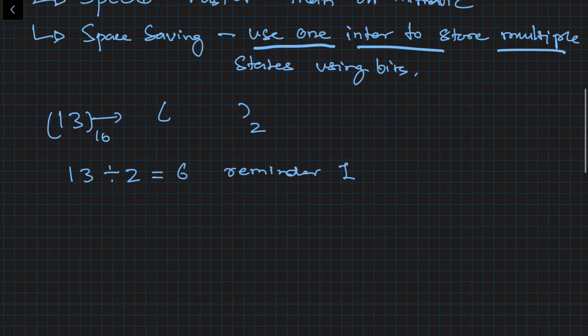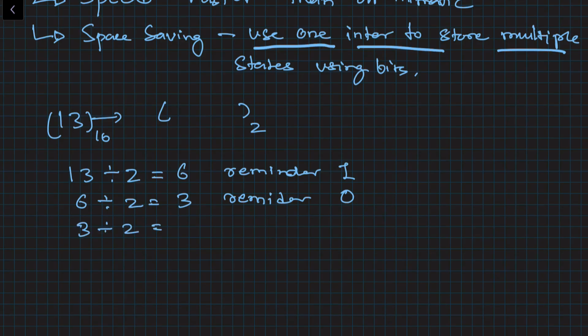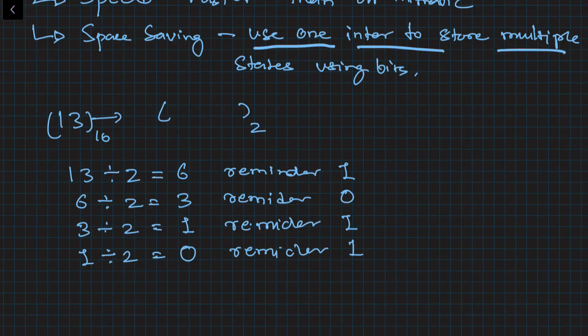Again, if we divide 6 by 2, we get 3 and a remainder of 0. Again, if we divide 3 by 2, we get 1 and a remainder of 1. If we divide 1 by 2, it is not divisible, so we get 0, and at the end we get a remainder of 1.